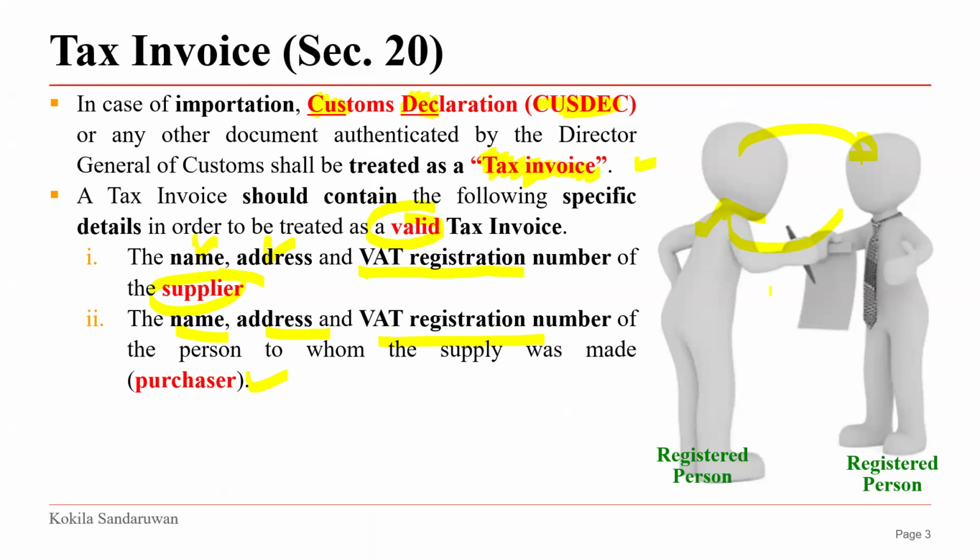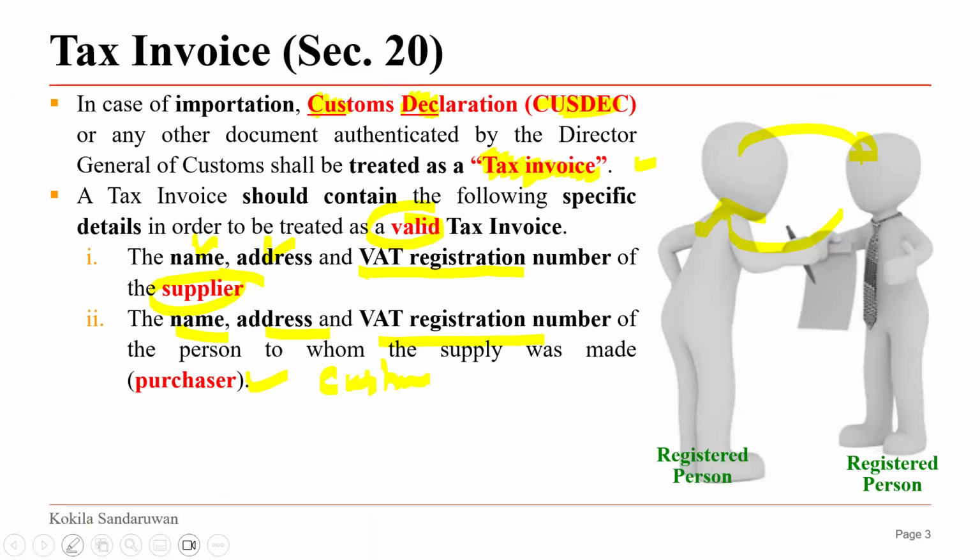But in most cases the name and address, because if you are issuing a tax invoice in a letterhead type of format, your name, address, everything would be there. And most companies print the letterhead including the VAT registration number. In that case, that's fine. Then you need to include the purchaser's details, or customer, right?